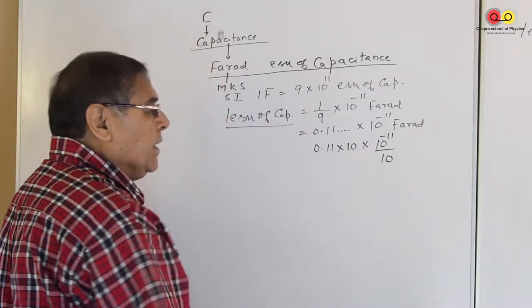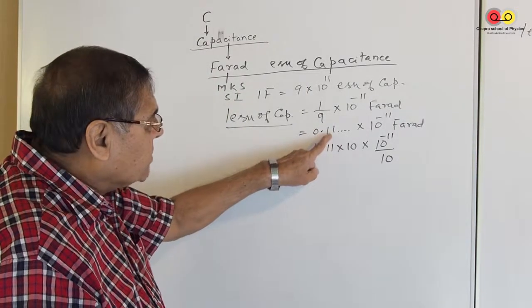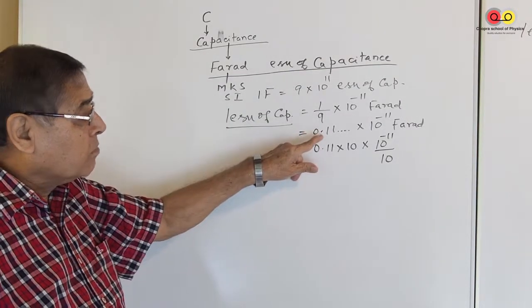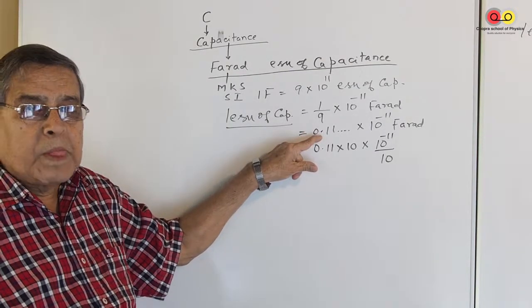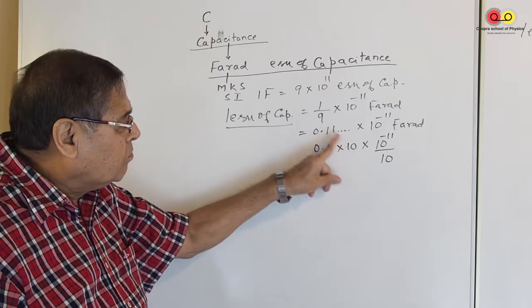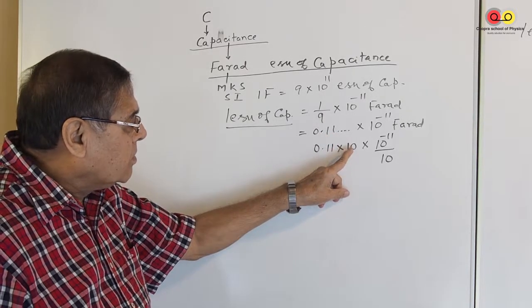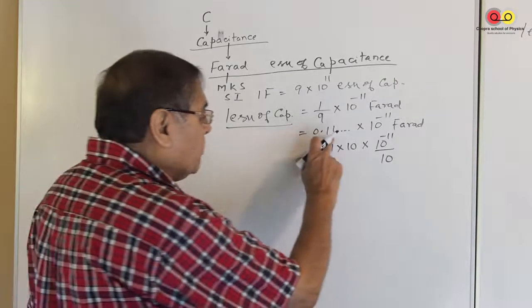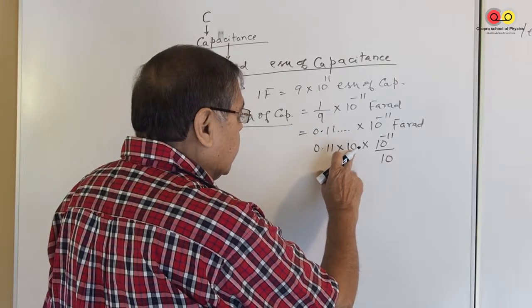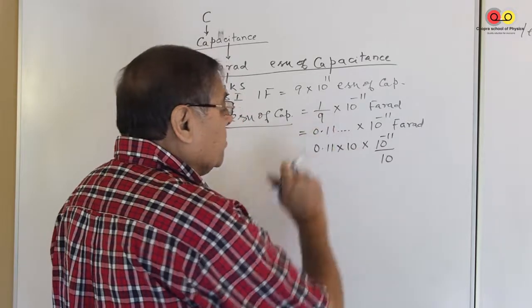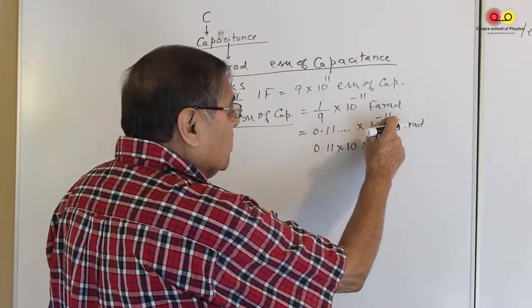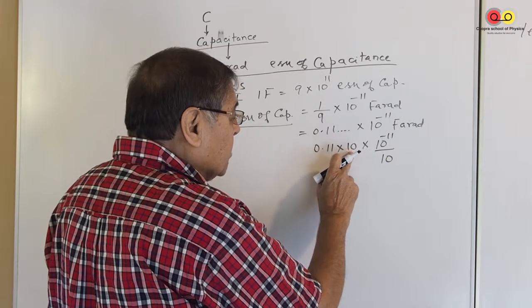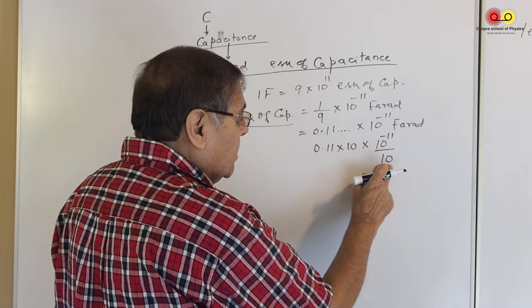So what have we done here? We have multiplied this number by 10. You must ask why? Because we have to convert it to a significant digit. So 10 is multiplied here so that the decimal should shift. If we multiply 0.11 by 10, then how much will it become? And 10 to the power minus 11 divided by 10, it means basically we are multiplying and dividing.